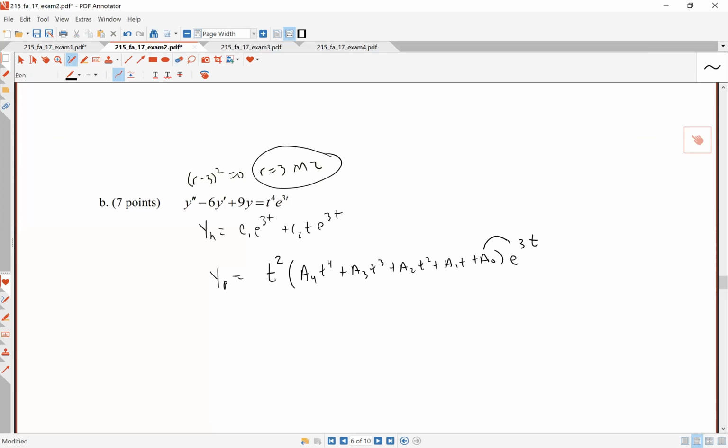Because this time these two are solutions to the homogeneous, so giving it a t squared makes those both not be present anymore. Okay, so that's method of undetermined coefficients.